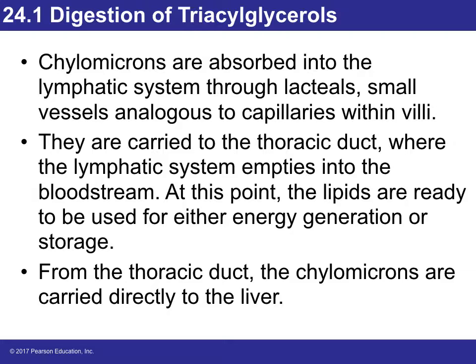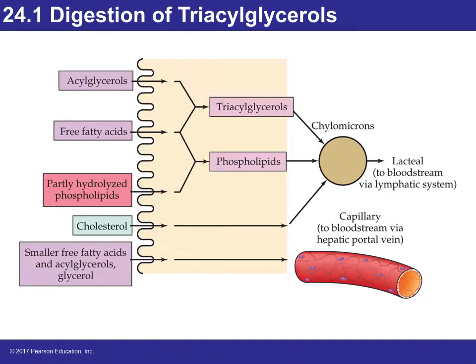From the thoracic duct, the chylomicrons are carried directly to the liver. This is the slide that you should really understand, because it shows those foldings, which are the villi. You see the acylglycerol, the free fatty acids, the partly hydrolyzed phospholipids.